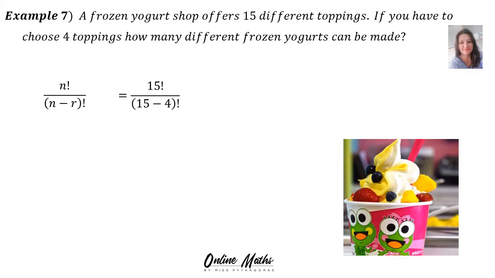Therefore, n is the big number, 15 factorial divided by 15 minus 4, the different toppings, equals 15 factorial divided by 11 factorial, and your answer, 32,760 different frozen yogurts can be made.